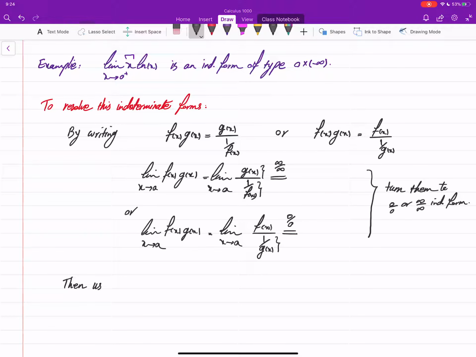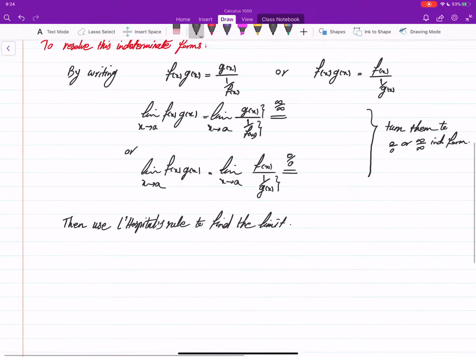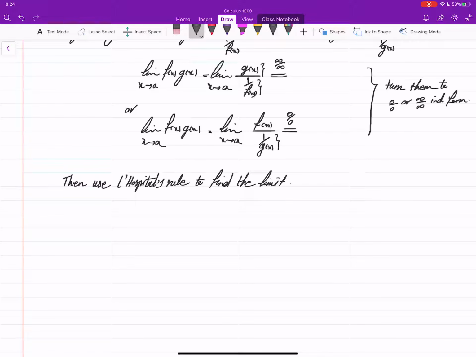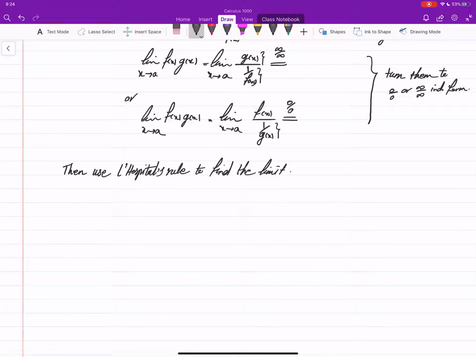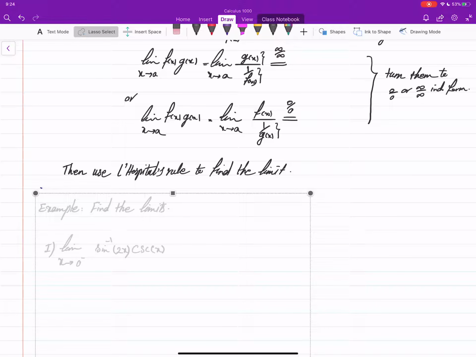Then we can use L'Hopital's rule to find the limit. So you do that trick, turn it into 0 over 0 or infinity over infinity, and then you have the strong tool, the tank that will be used to find the limit. Okay?